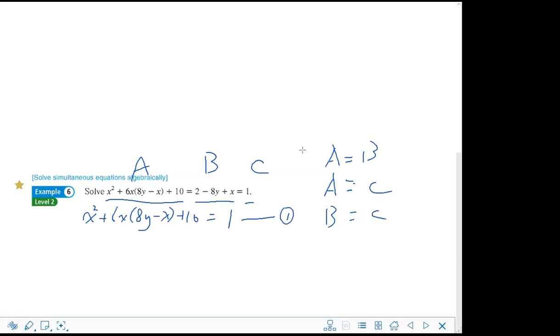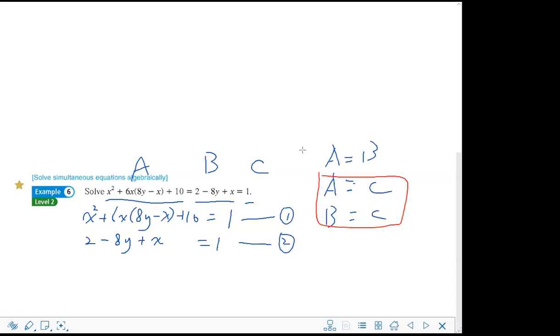And then 2 minus 8y plus x equals 1 to be our equation 2. So I have chosen A equals C and B equals C to be our equation 1 and equation 2. Is that okay?